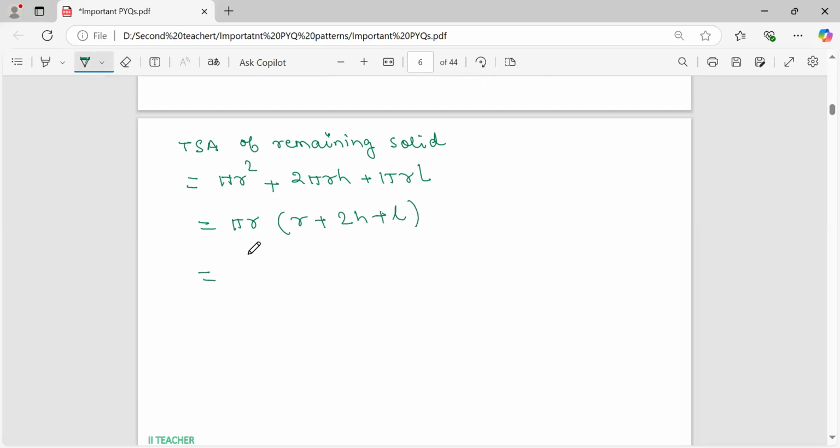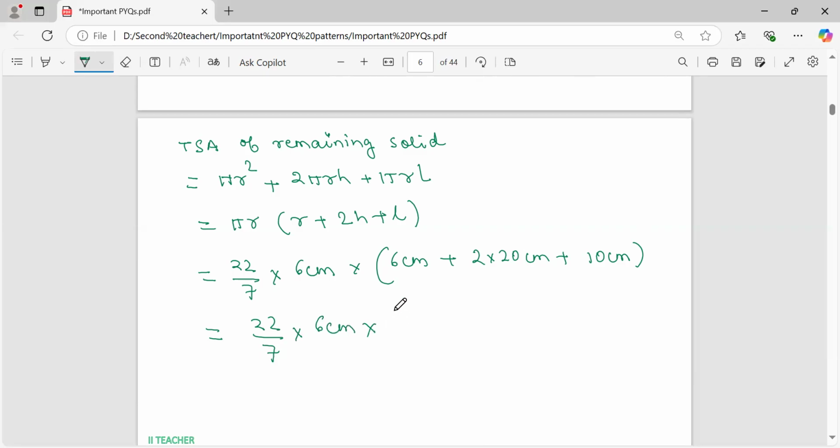सो पाई इज योर 22/7, डालो आप 22/7 इंटू आर इज 6 सेंटीमीटर, इंटू आप करोगे यहाँ 6 सेंटीमीटर. हाइट है 2 इंटू 20 सेंटीमीटर, प्लस एल है 10 सेंटीमीटर. सॉल्व करो तो आपका कितना आता है? 22/7 इंटू 6 सेंटीमीटर इंटू 6 + 40 + 10 सेंटीमीटर, right?